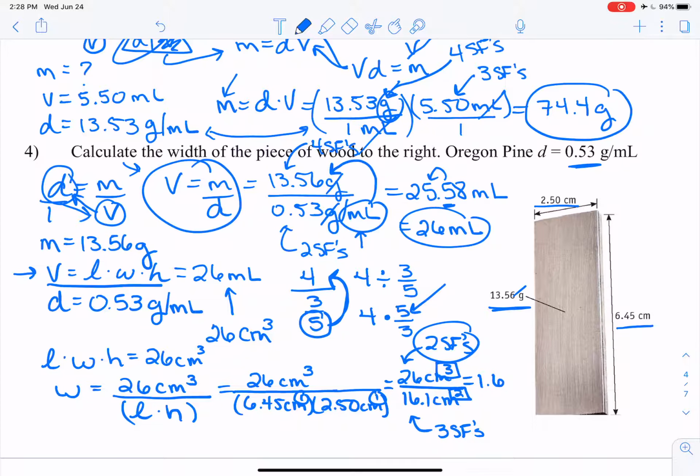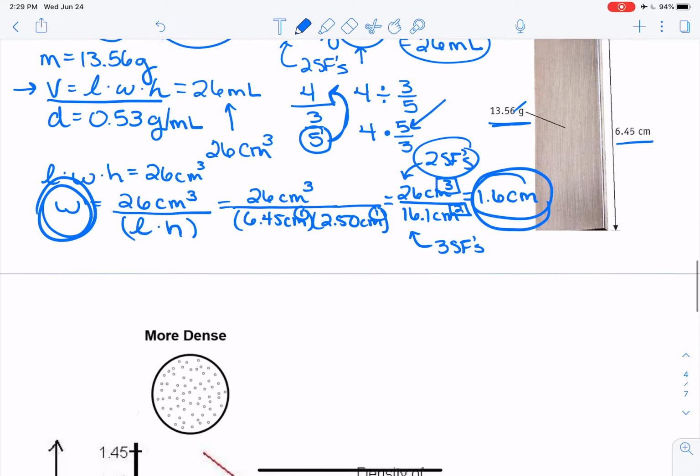Now we're going to do 3 minus 2 because we're doing division. And 3 minus 2 is what? Is 1. So we have centimeters to the first power, and whenever we have a 1, we don't have to write it. And all of a sudden, aha, the width is equal to 1.6 centimeters. That was a lot. Okay, moving on.